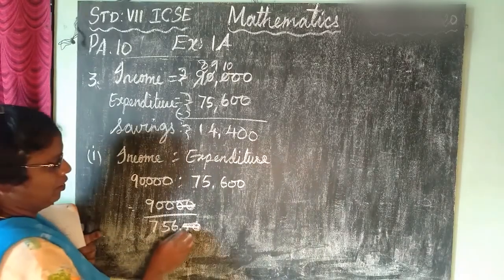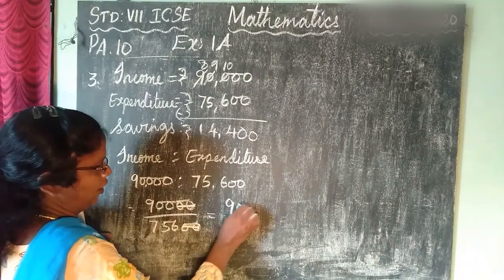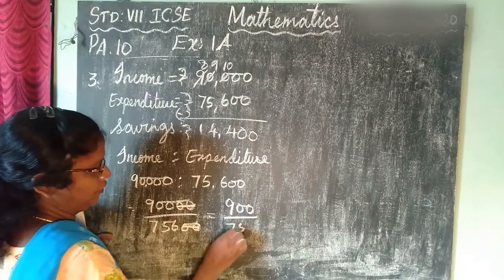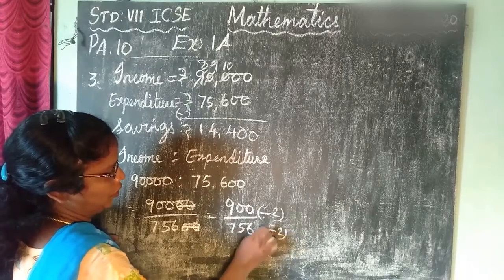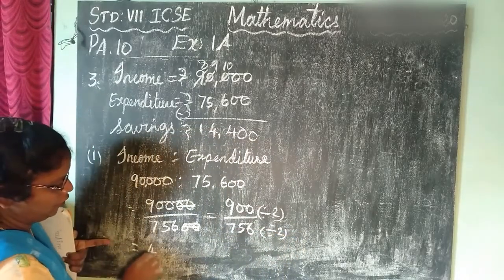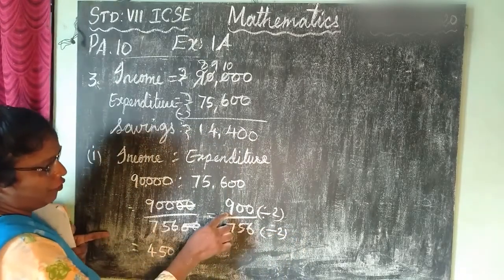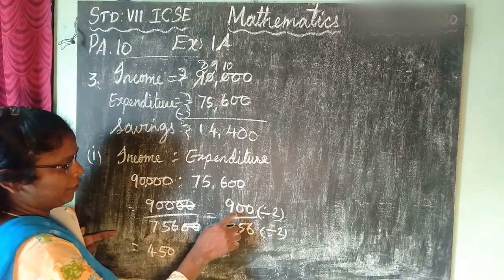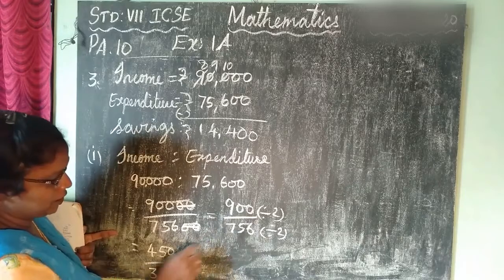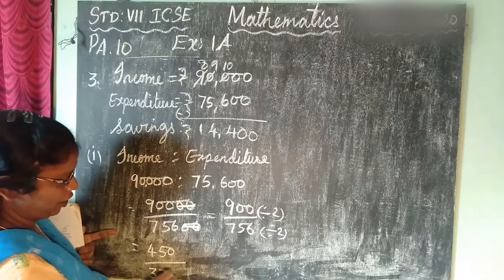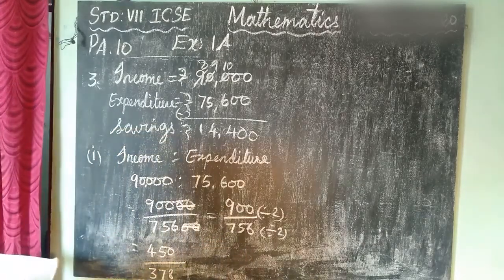Now I have 900 divided by 756. Divide both by 2. What am I getting? 450. 4 2s are 8. 5 2s are 10 and this 0. 3 2s are 6. 7 2s are 14. 8 2s are 378.